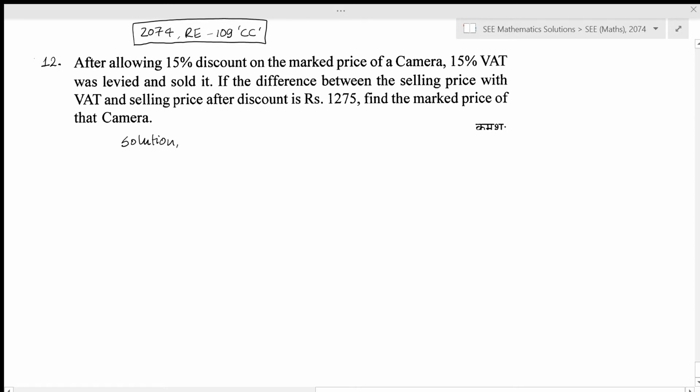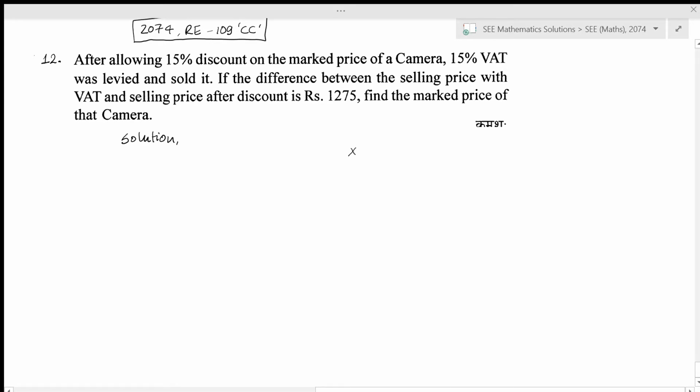While doing these types of problems, we have to try to visualize. I'll explain one small scenario. There is a person X who goes to the market to buy a camera, and the market price is listed.